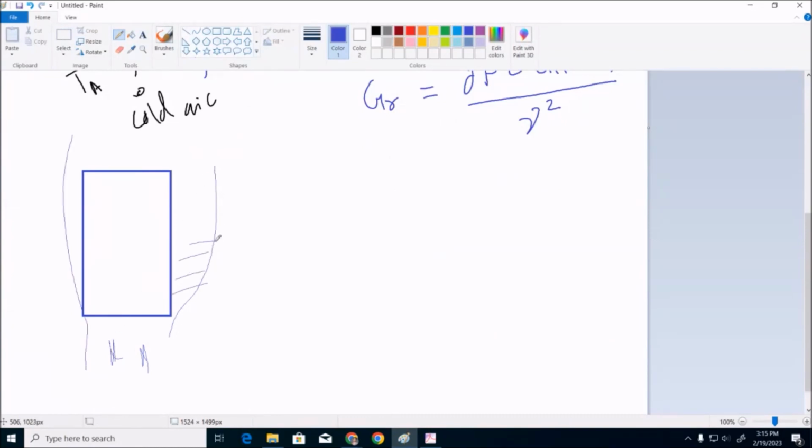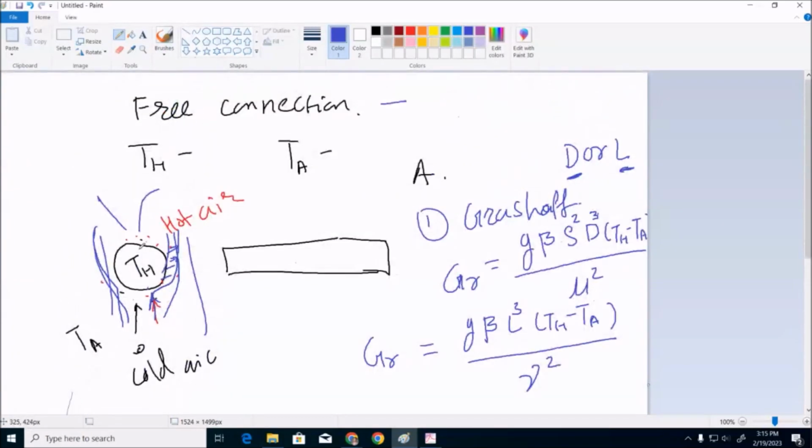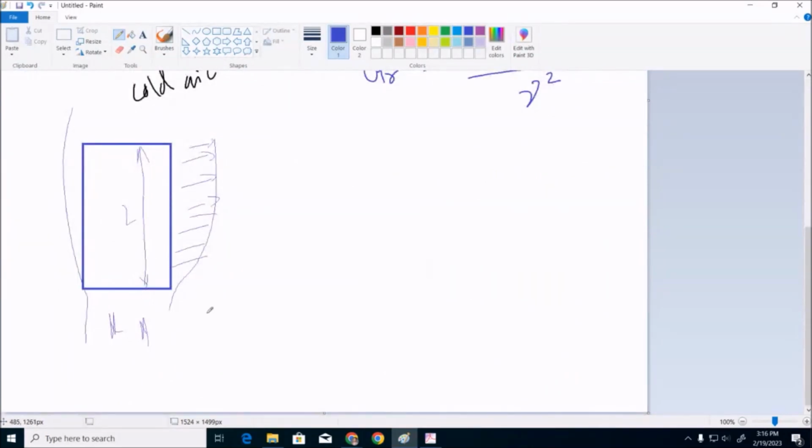So this is a boundary layer separation, and here we need to choose this height, this dimension, L, for the Grashof number. Here the effective heat transferring length is this much, and this is equivalent to the diameter. That's why we choose diameter. Next week we are going to choose L, because of the flat plate.